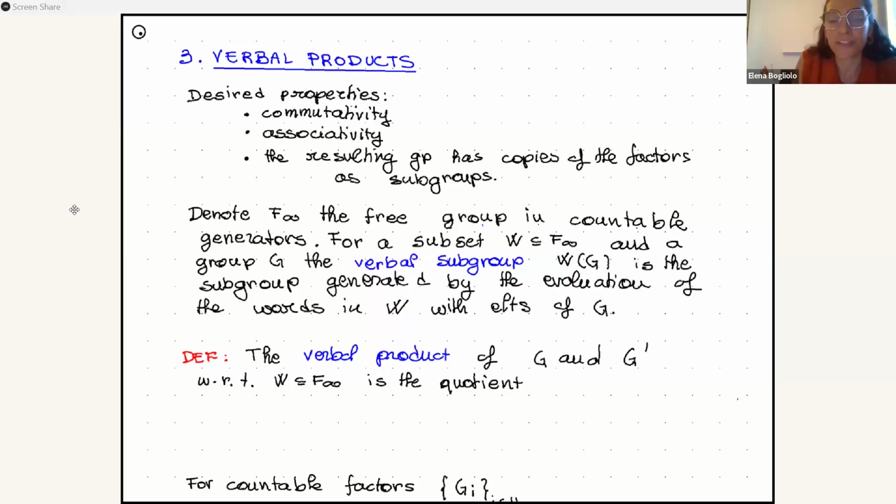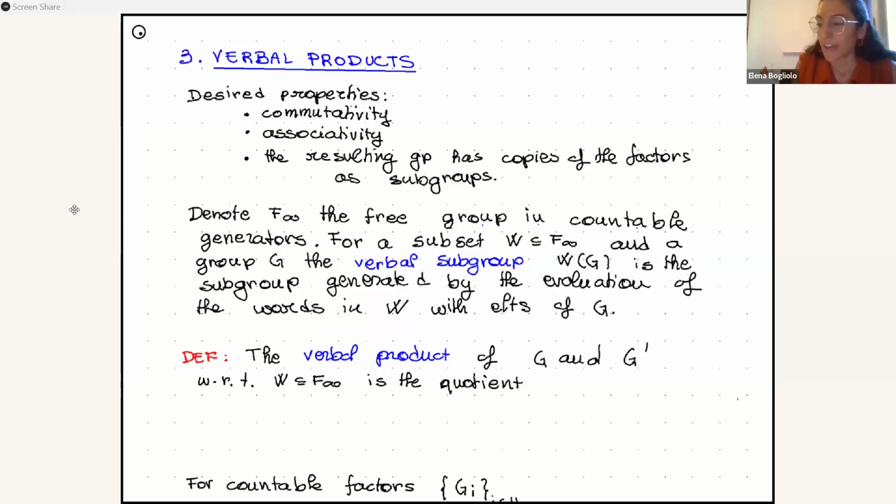It means that if we have a word in W, say a word in 10 letters, then we take 10 elements of G and we substitute them into the 10 letters that we had in the word in W.